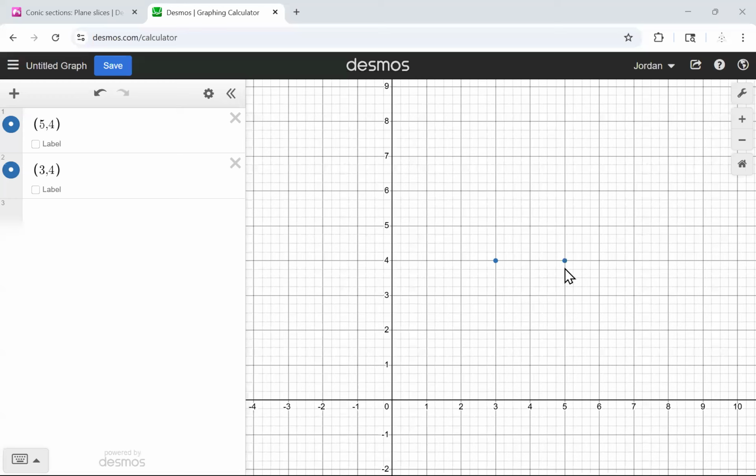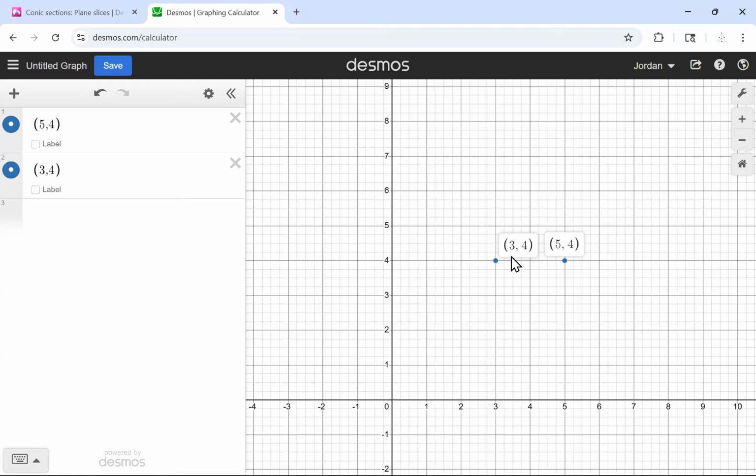Now, the first thing I do is I look at these two points, (5, 4) and (3, 4). (5, 4) is the vertex, and (3, 4) is the focus. In this case, that means my parabola is going to go through (5, 4).